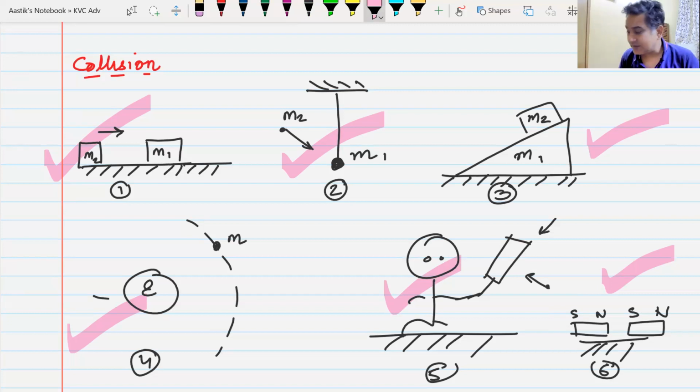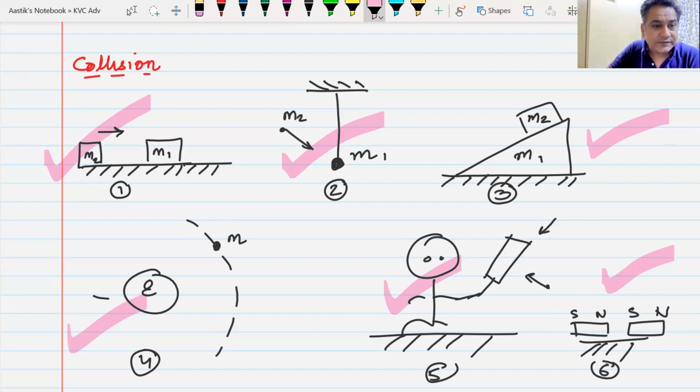So collision is nothing but an interaction, an event, or a process in which two bodies exert force on each other, they affect each other, and they start to change the momentum of each other. Do we understand this? So all of these 6 things are collision.